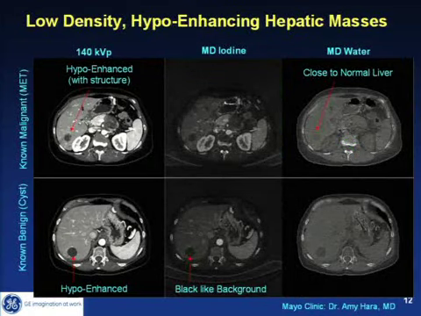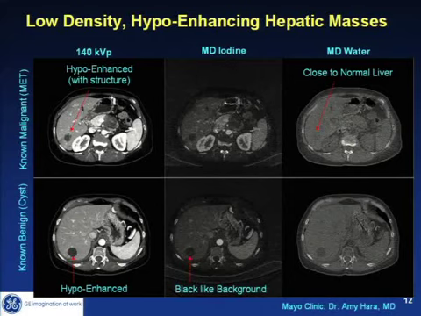So what other applications can be used for dual energy? One of the applications in CT is trying to differentiate between different tumors. Some are malignant, some are benign. But sometimes with single energy CT, you cannot differentiate them.